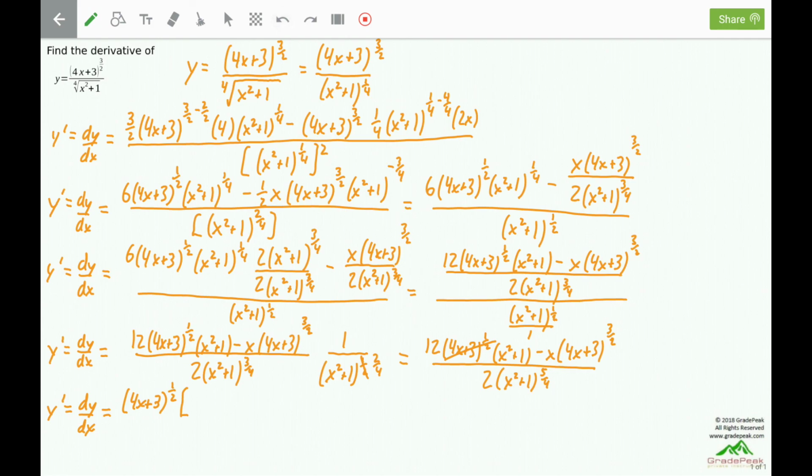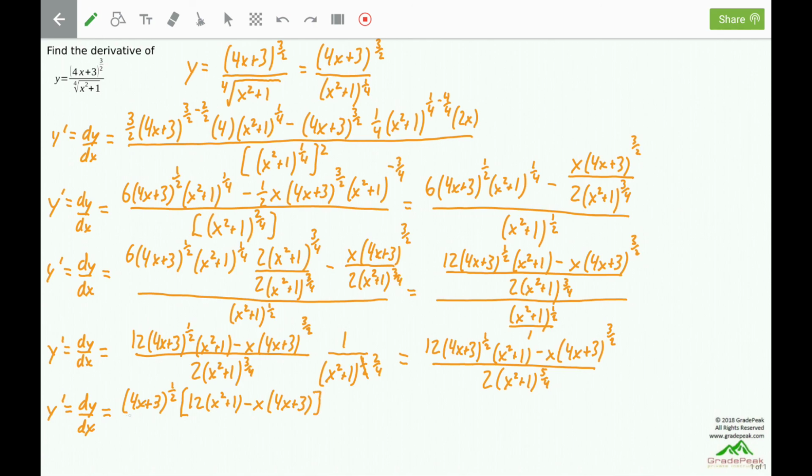So we will have a 12 times x squared plus 1 minus an x times a 4x plus 3 to what will be now a 3/2 minus 1/2 because of the factoring, or 1 power.